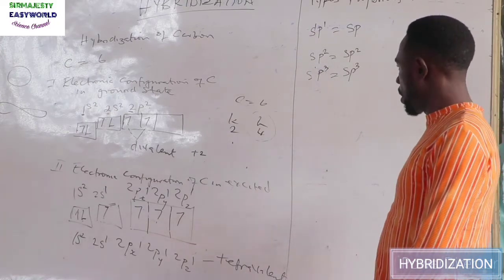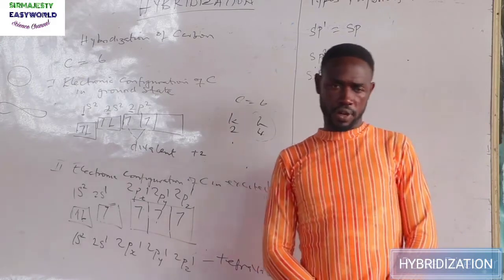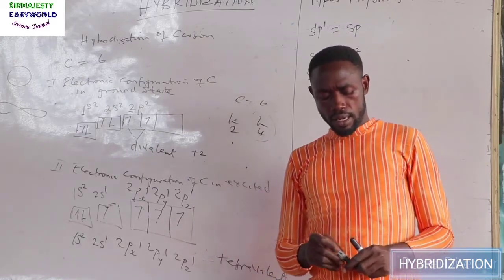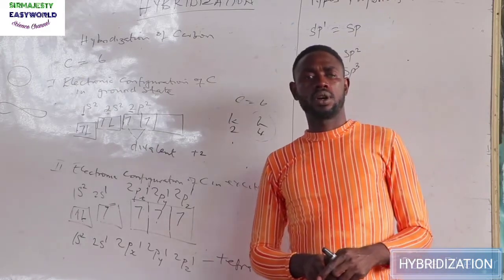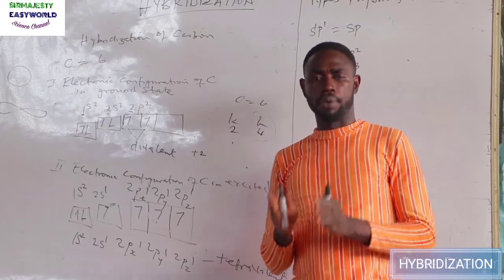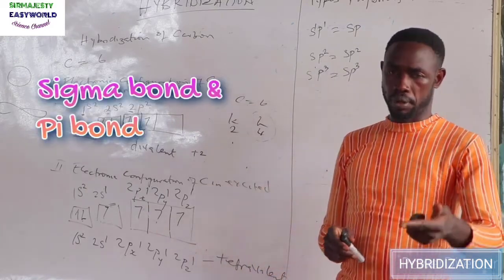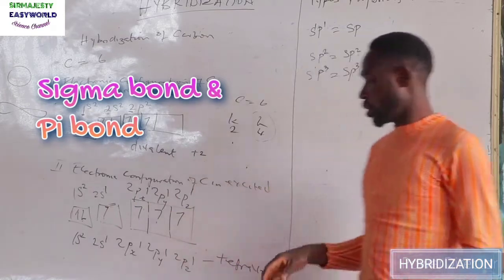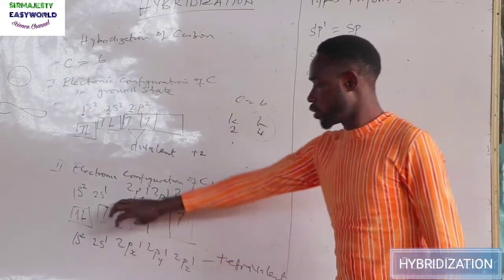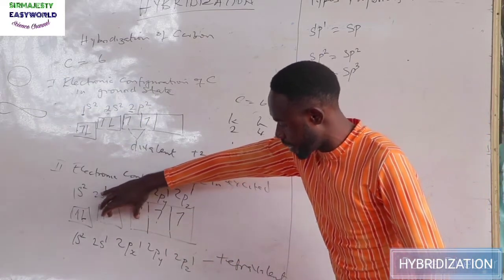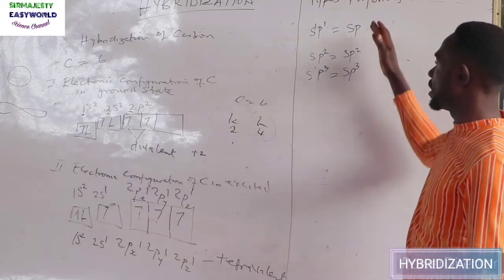Now, there is something I want us to know before going further, please. There is what we call sigma bond and pi bond in this aspect, because watch me, I mentioned those that mixed or overlap, they are the hybridized, then those that did not hybridize in this case.